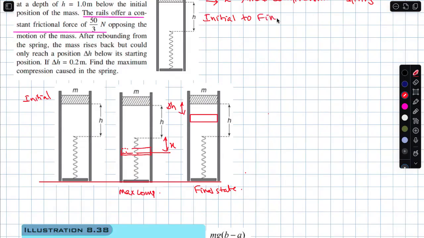In this process, from initial to final, what is the distance traveled by the mass? First H plus X down, then H plus X up, and again delta H down. Actually I should write this in a different way.